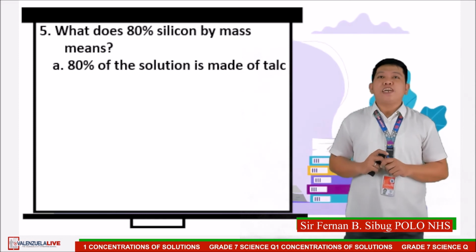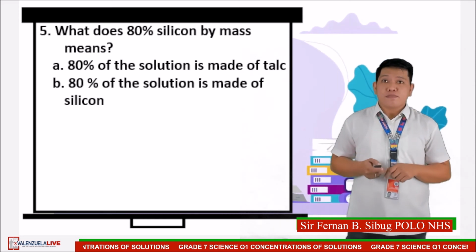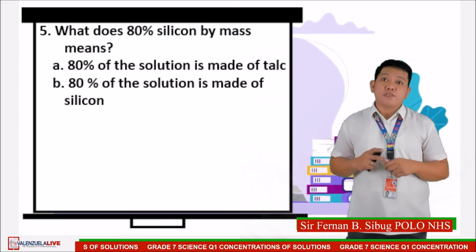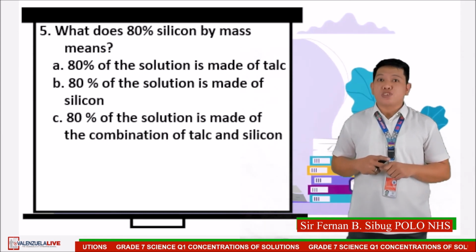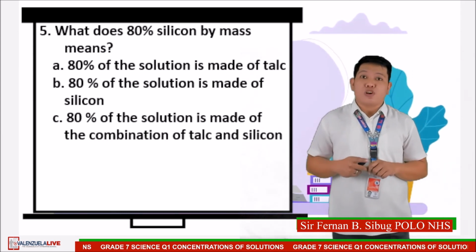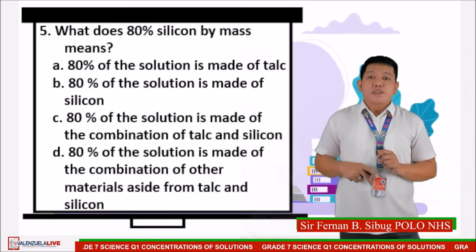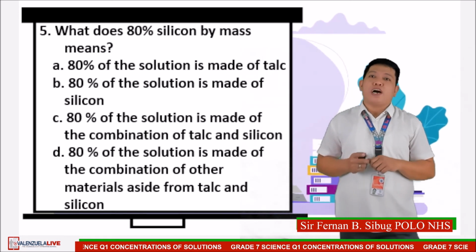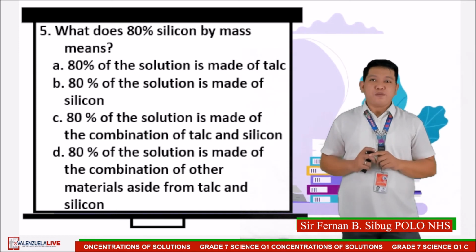A. 80% of the solution is made of talc. B. 80% of the solution is made of silicon. C. 80% of the solution is made of the combination of talc and silicon. And letter D. 80% of the solution is made of the combination of the other materials aside from talc and silicon.